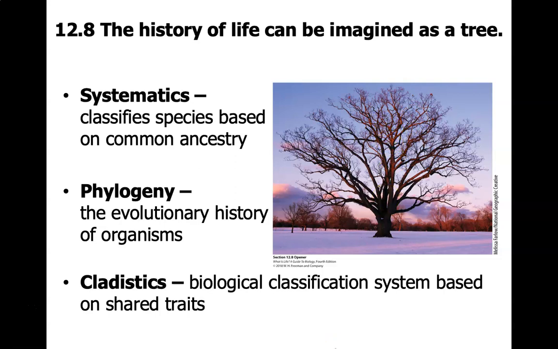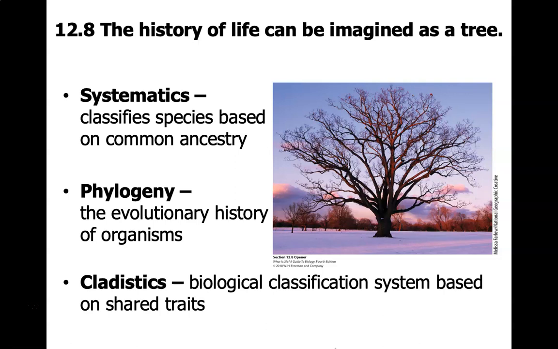So we use the idea of systematics in order to reconstruct the phylogeny, or the evolutionary history of living organisms. So we classify organisms based on their common ancestry and how they are related to reconstruct this evolutionary diagram of how we think species are related to one another.